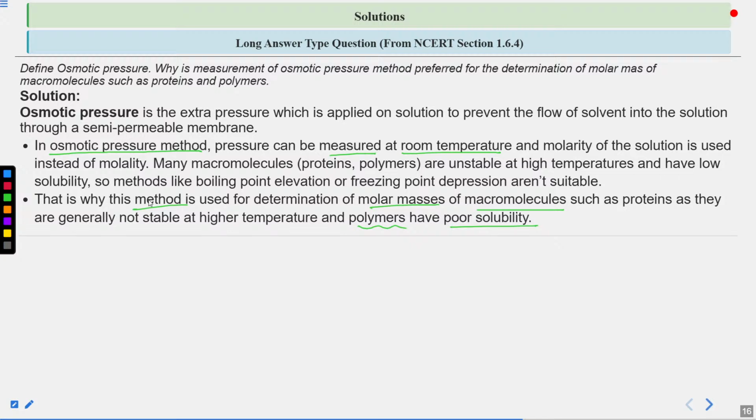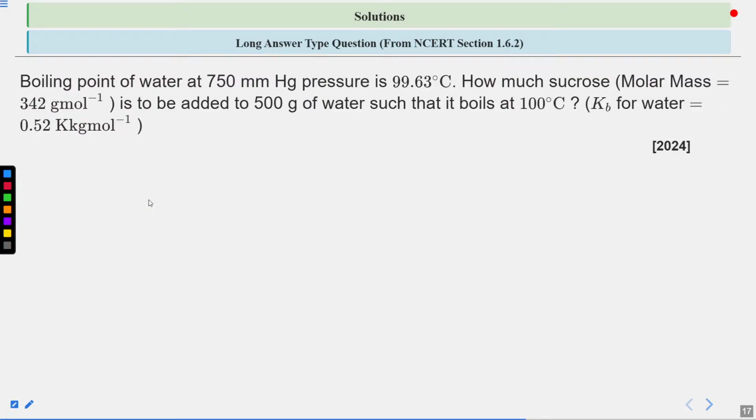Okay, moving on to our next question. This question is again a long answer type question and it comes under NCERT section 1.6.2 from the solutions chapter. The question says that the boiling point of water at 750 millimeter of Hg pressure is 99.63 degrees Celsius.